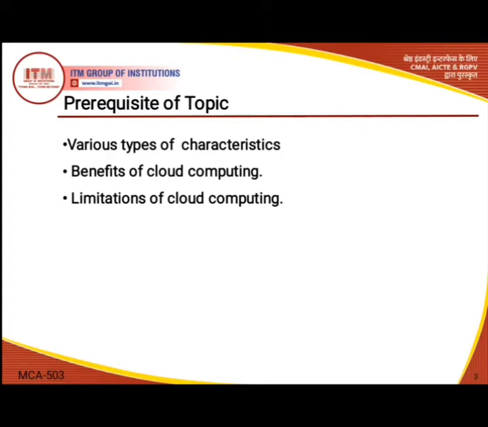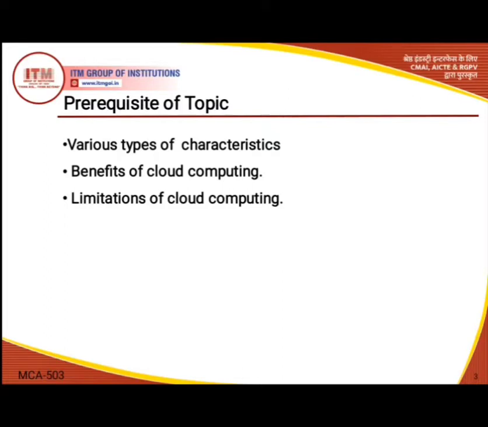Like if we talk about on-demand self-service, then what does on-demand actually mean? Here I just want to recall that whenever we talk about on-demand service, a consumer can provision computing capability, in the form of time and network storage, as needed automatically without requiring human interaction.